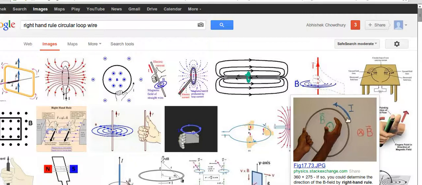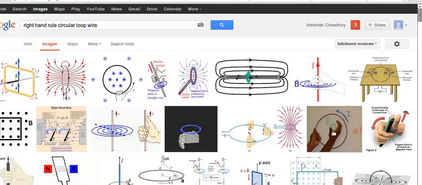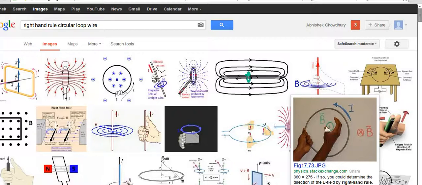So in this case, I is along anti-clockwise direction. When I curl my fingers anti-clockwise, my thumb will come out of the plane of your screen. So this is the way we can find the direction. If it is anti-clockwise, it will come out of your screen by the right hand thumb rule.